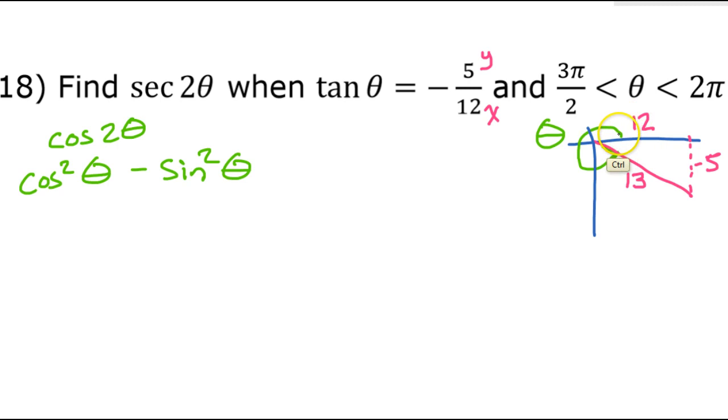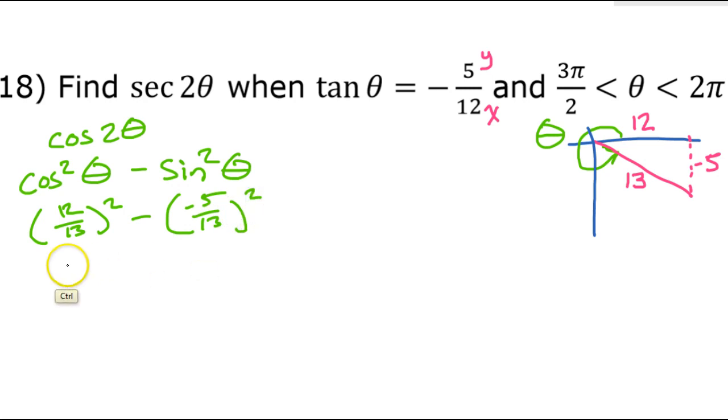Well, cosine is x over r, so that's 12 over 13. So I'm going to have 12 over 13 squared, and then sine is y over r, so it's going to be negative 5 over 13 squared. So this will be 144 over 169 minus 25 over 169.